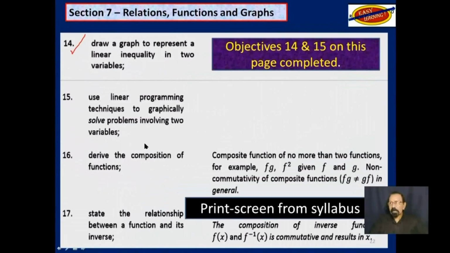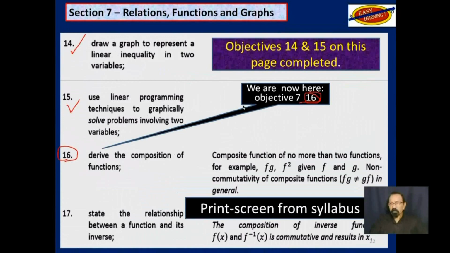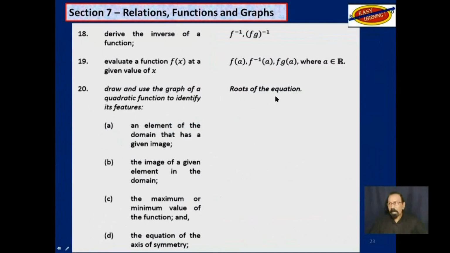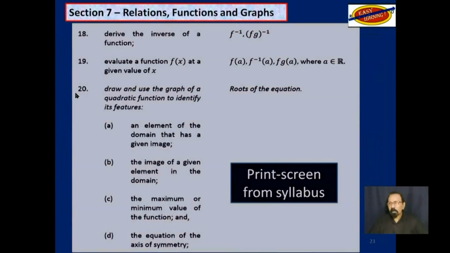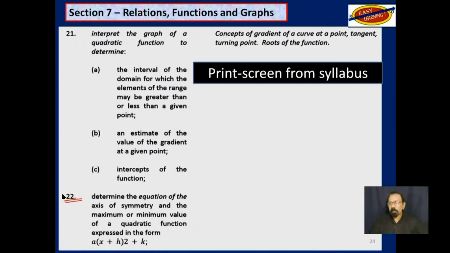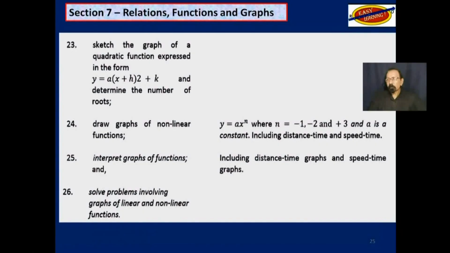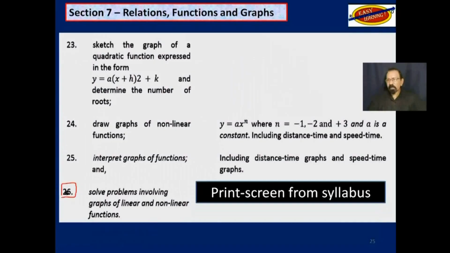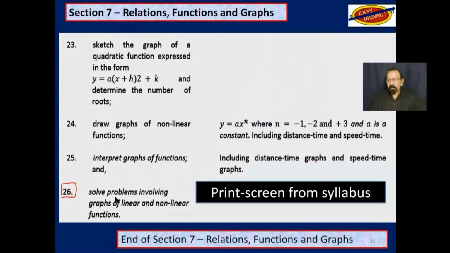Objectives 14 and 15 have been completed, so we are now at objective 16. And then after that, we still have to go on to objective 20 and then 22 and finally up to objective 26. This section has 26 objectives. When we reach there, we would have come to the end of this section, section 7.